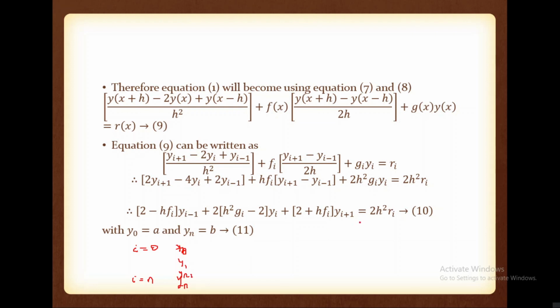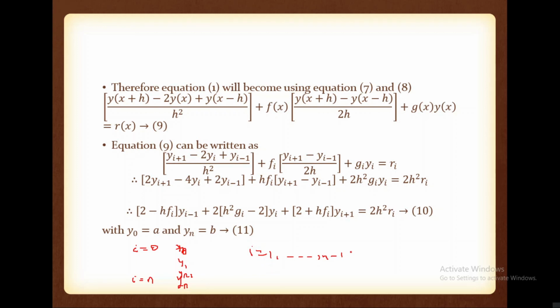So what you have to do in equation number 10, substitute i equal to 1 to n minus 1. There is no need to substitute 0, there is no need to substitute n. You have to substitute i from 1 to n minus 1.